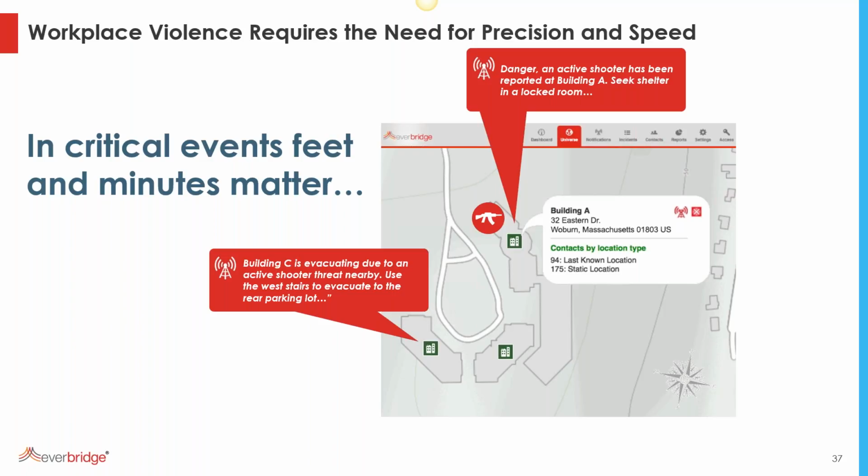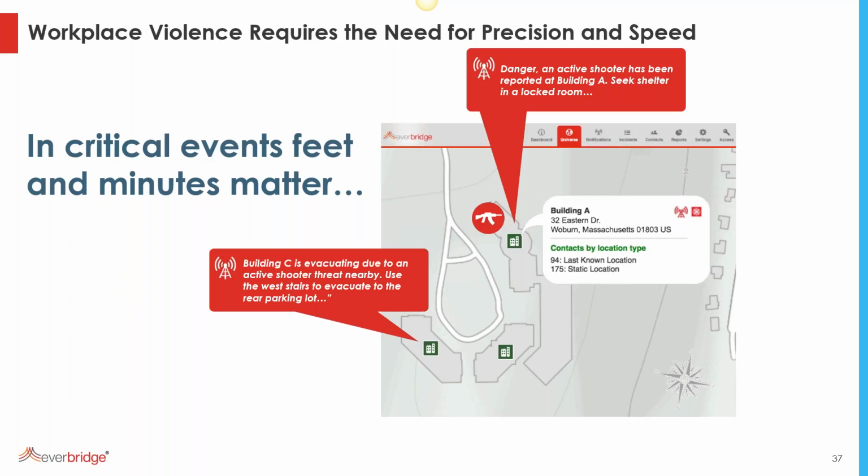I need to tell people in building A they need to either seek shelter, hide, lock themselves inside a conference room, and I need to know exactly who is in building A because I don't want to just target the people who are stationed in building A. I want to also capture anyone who is visiting building A from other buildings.